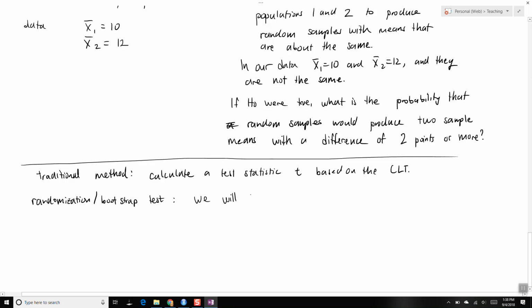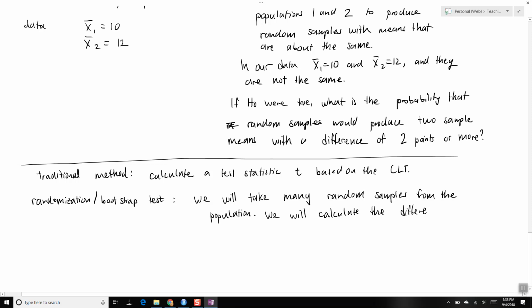For a randomization or bootstrap test, we will take many random samples from the population. We will calculate the difference, x bar 1 minus x bar 2, for all of the samples.